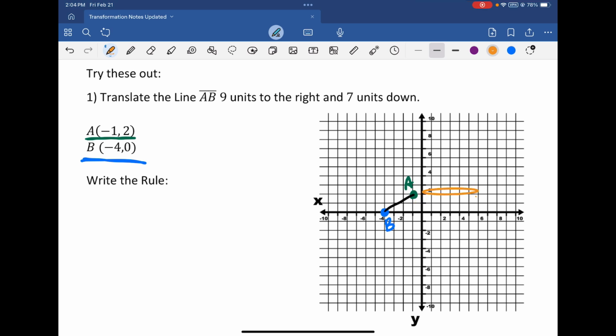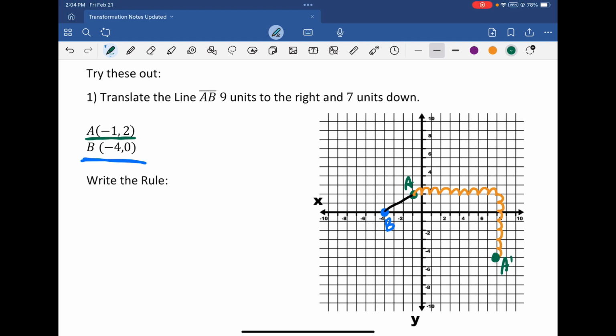Oh, I hate when it does that. 9 units to the right. So I'm going to do it again. 1, 2, 3, 4, 5, 6, 7, 8, 9. And then we can move it 7 units down. So from that point, I go down 7. 1, 2, 3, 4, 5, 6, 7. And now my new point, my A prime, is right there.